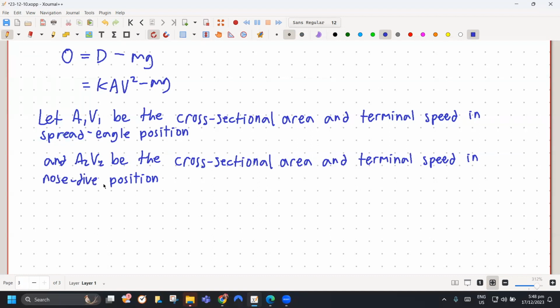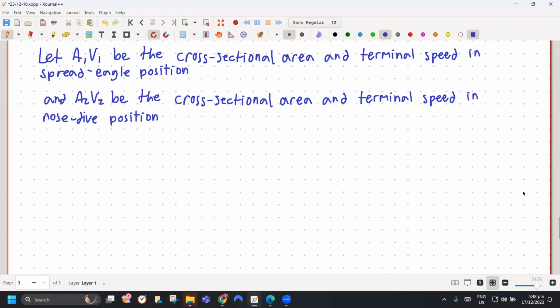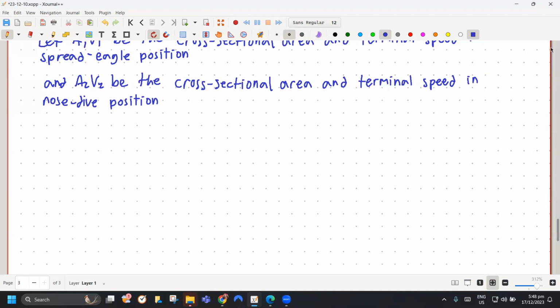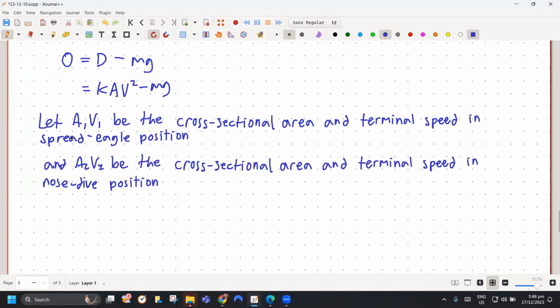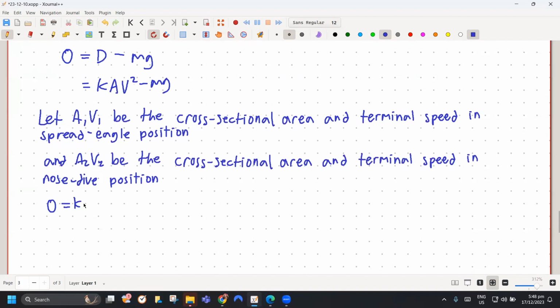Okay, so from that equation, we have k A1 v1 squared. So we'll have two equations. 0 is equal to k A1 v1 squared minus mg.